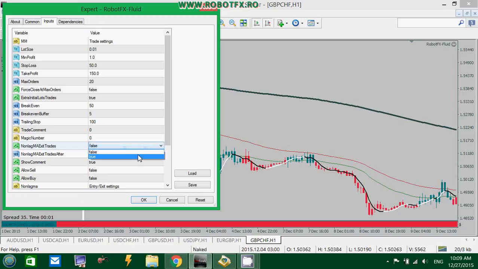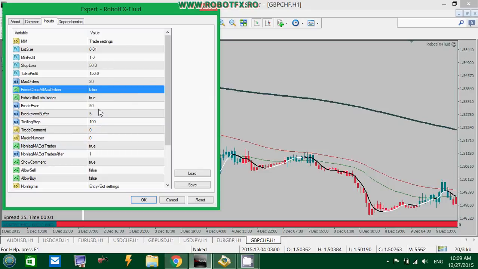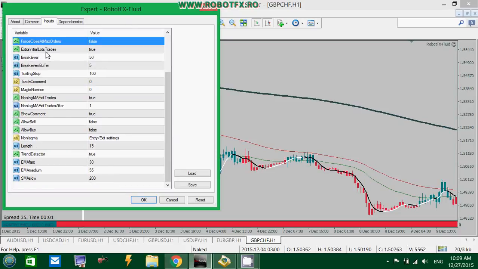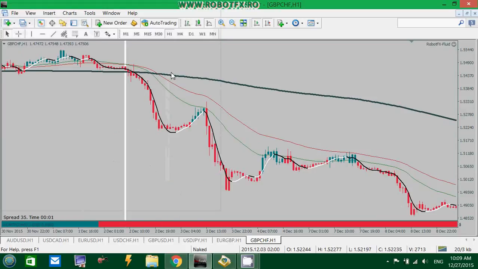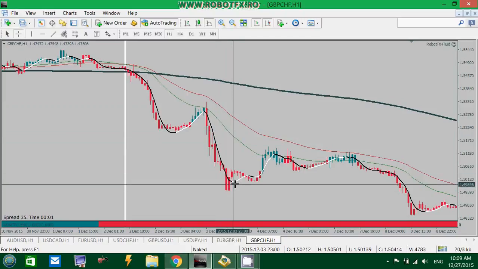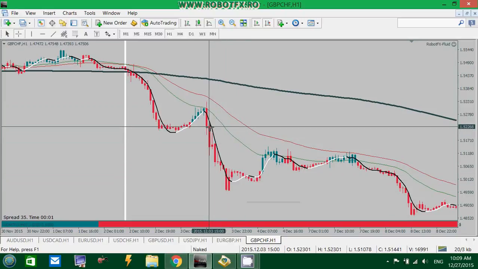It will keep them open, and it will open many other trades if the extra initial lots trade is set to true. With the default settings, it will try to open only one trade and close it as fast as the non-lag moving average changes color. So we would have a winning trade, 200 pips.